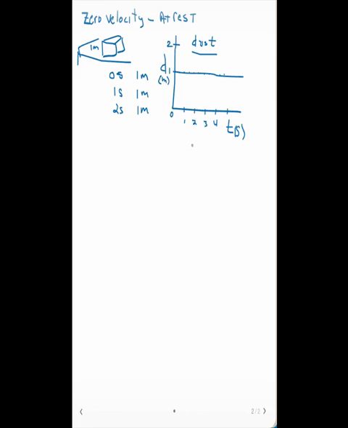If we take the slope of this line, we know from math that slope is equal to the change in y over the change in x. In this case, y is distance, so it will be the change in distance over the change in time. So notice that the slope of the distance versus time graph is equal to the speed or the velocity.